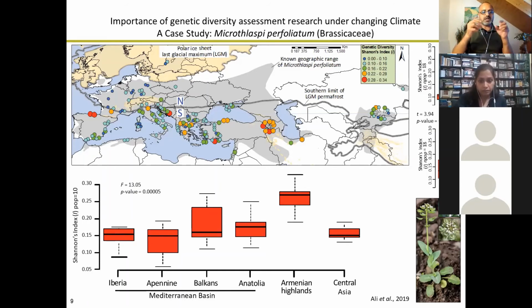Countries like Pakistan, India, and South Asian countries have to strengthen their faculties and research sectors, because we do not have estimates of standing biodiversity. We know there are 10 species, but we do not know how diverse the population of that species is.